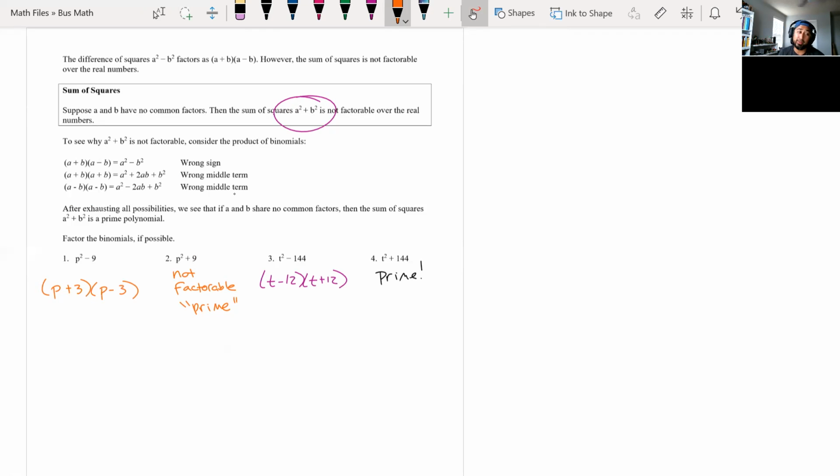Since you guys are business majors, nobody wants to see imaginary values in your business. Trust me, everything is factorable, but for our sake and this class, this is not factorable.